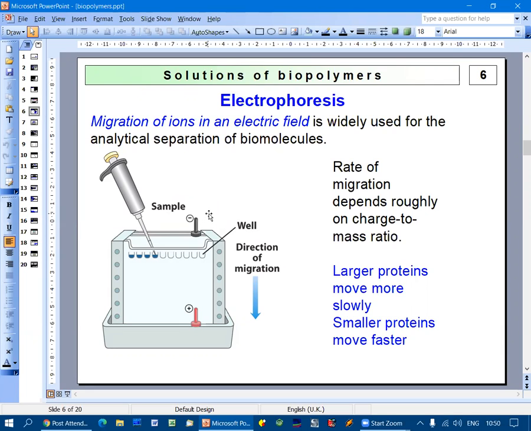For example, we can add into this system a buffer in which all proteins except only one will be at their isoelectric point. It means that their electrophoretic mobility will be zero, and only one protein will migrate to the corresponding electrode.